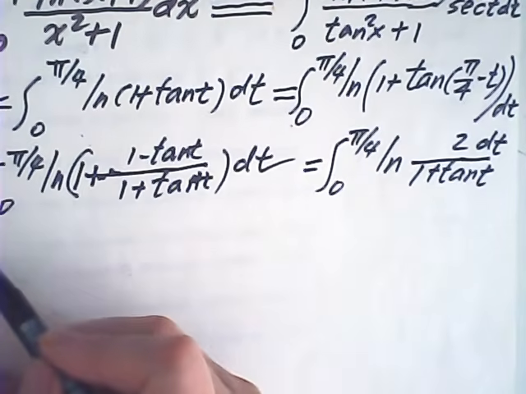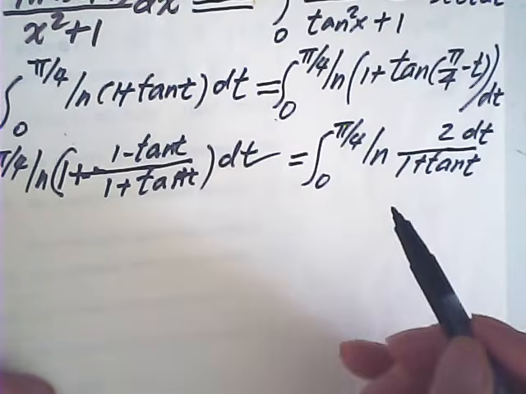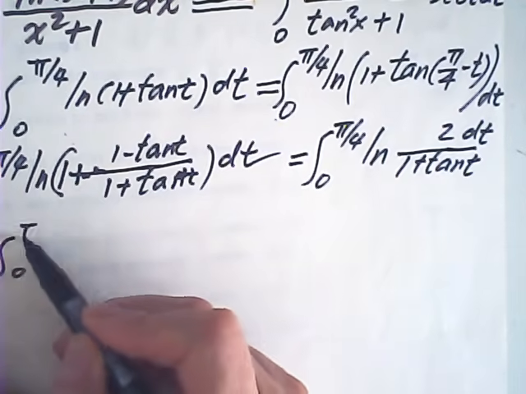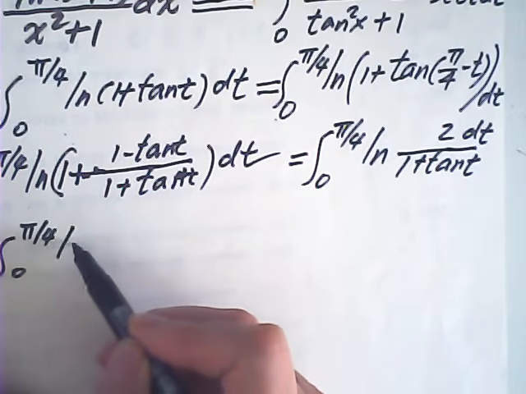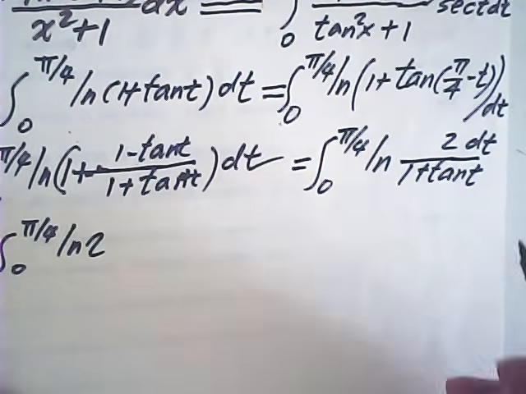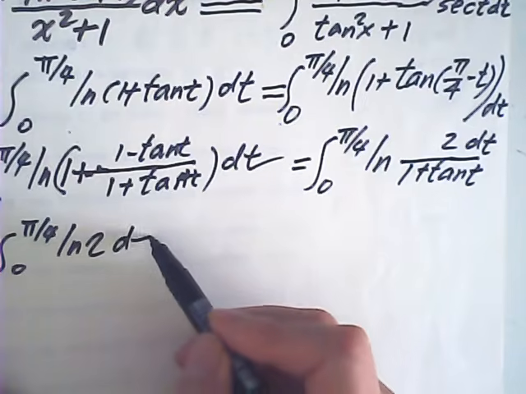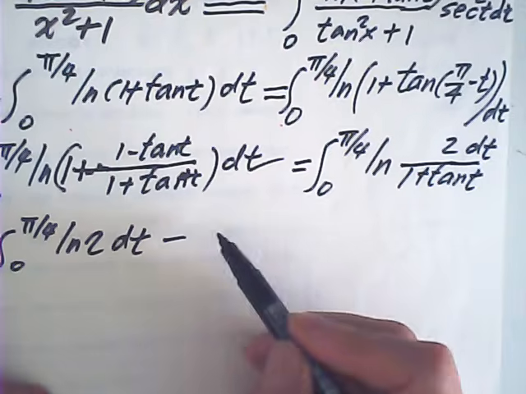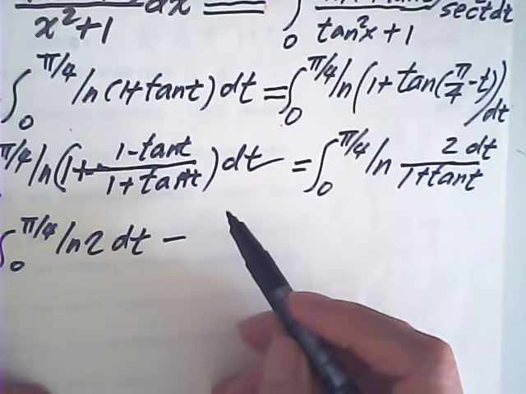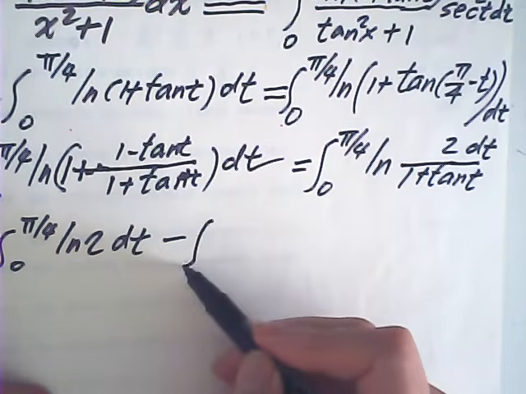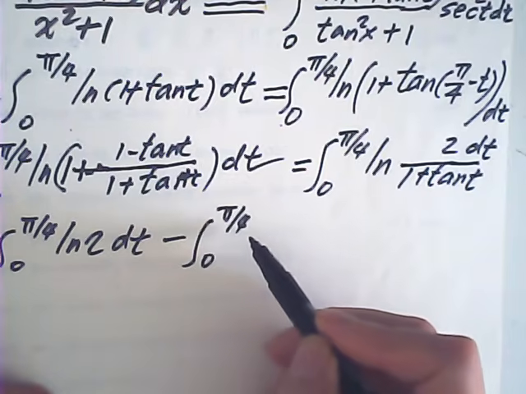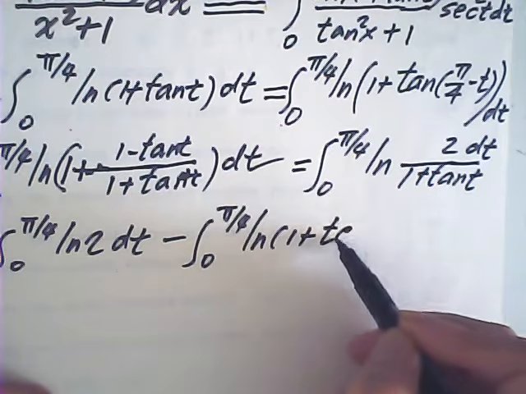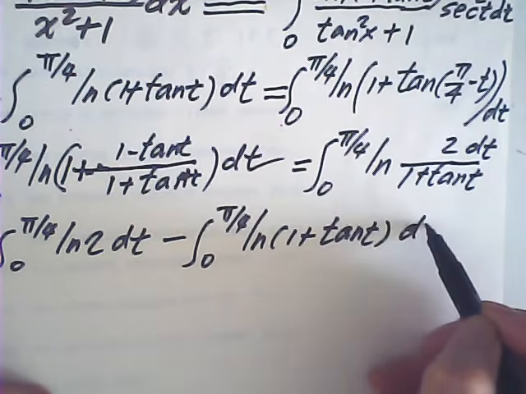Then we can use a property of a logarithm. This becomes the integral from 0 to quarter pi of log 2 dt, that's the first one, minus the integral from 0 to quarter pi of natural log of 1 plus tangent t dt.